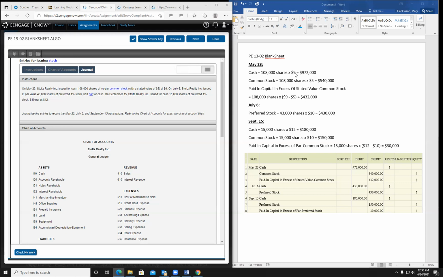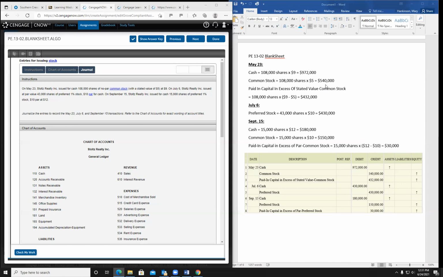Now we know we had excess, so we're going to go ahead and determine what was the value of the common stock that was issued. So then we'll take the 108,000 shares and multiply it by the stated value, which is $5 a share. And that came up with 540,000.